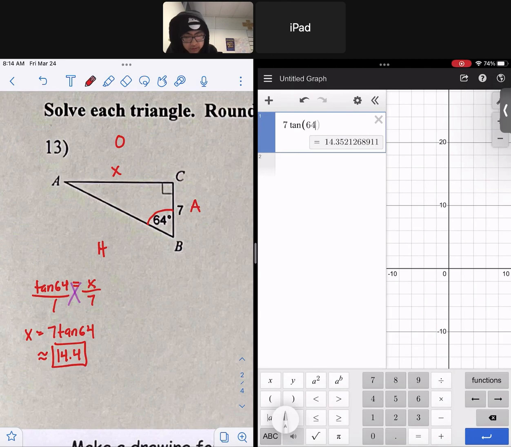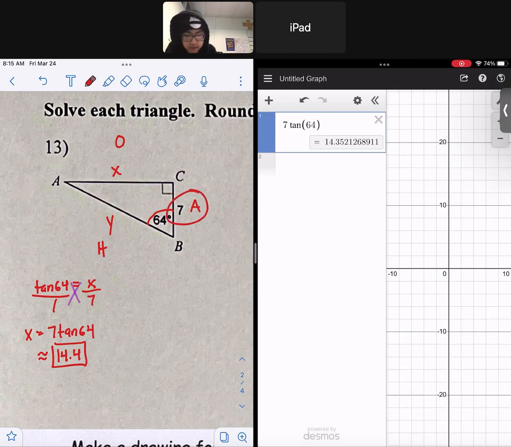But now we need to find the other side length, right? So for y, to get our y value, guys, we should definitely use the adjacent and the hypotenuse. So we're going to be using cosine. Cosine 64 equals adjacent over hypotenuse.